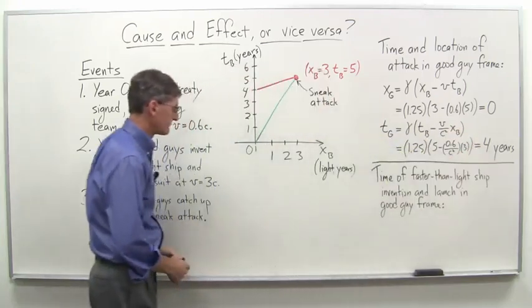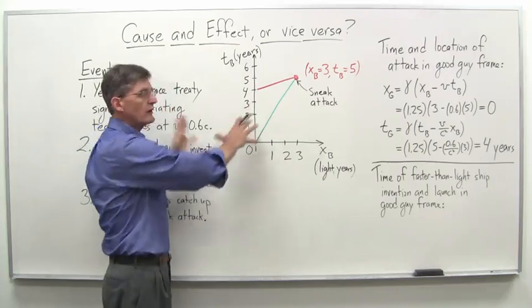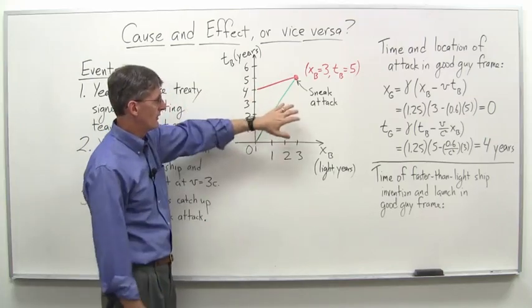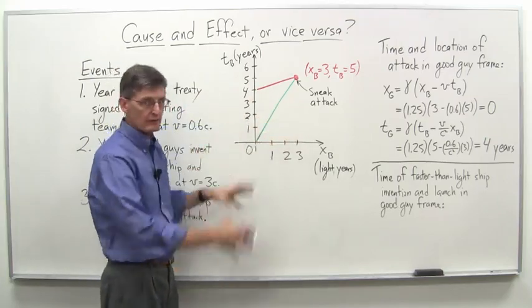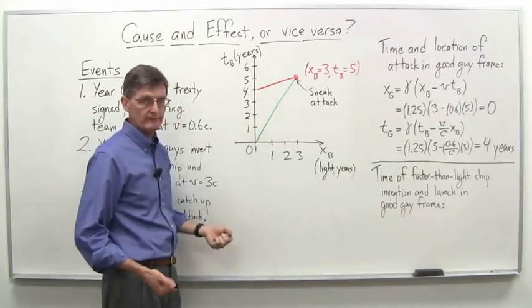Okay? So that in the good guy's frame of reference, which we're not showing on this plot, we could put it on here, but we're not going to get too complicated in terms of the plot that's going on. But we see their clocks read 4 years at that point.